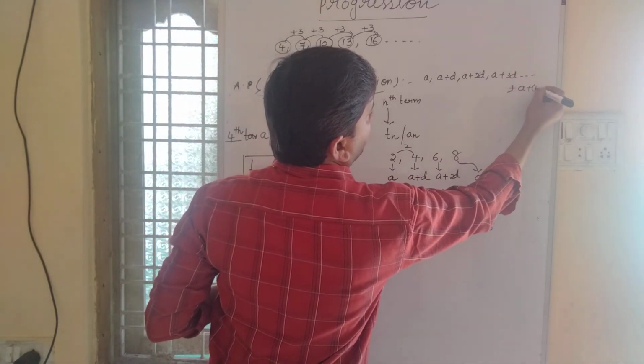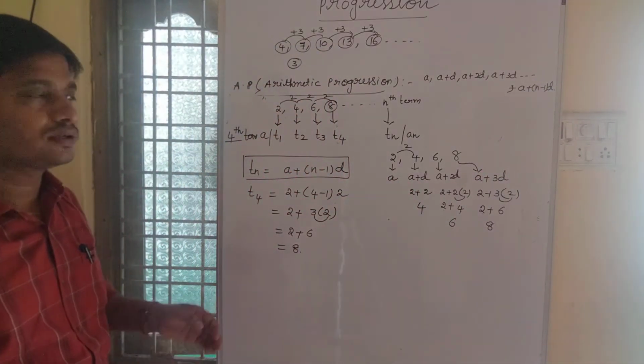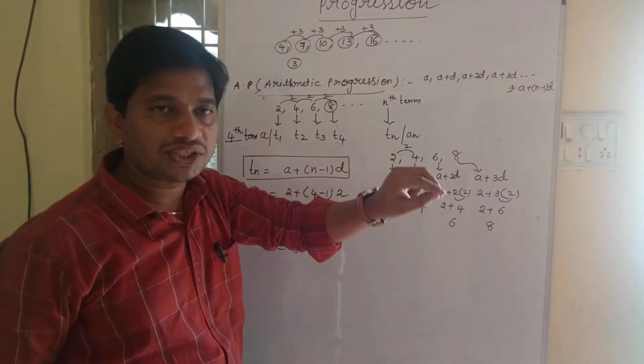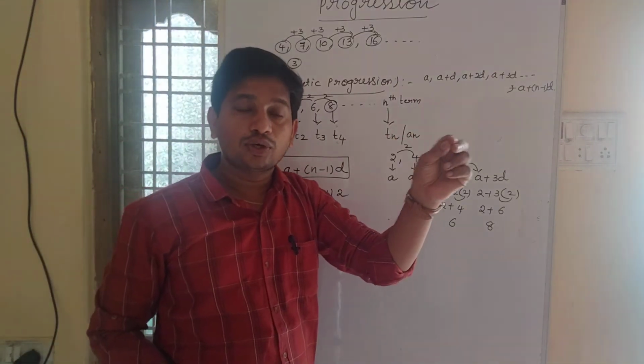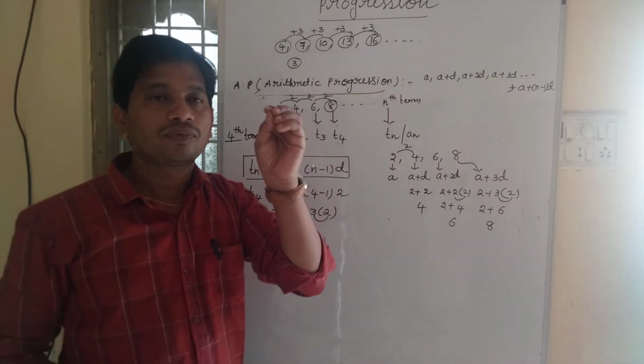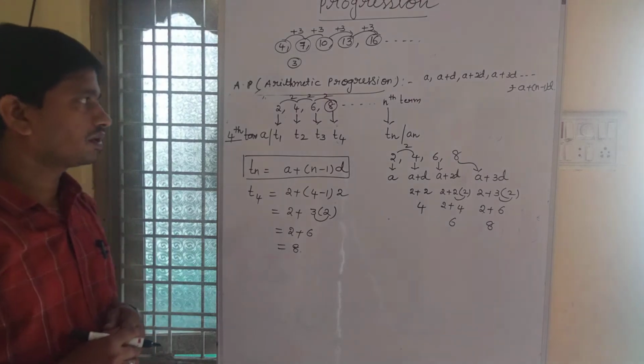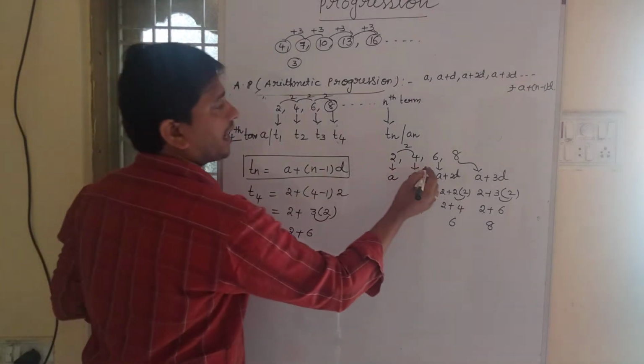A plus n minus 1 into D, that is the nth term of an AP. So this A, A plus D, A plus 2D and so on, up to A plus n minus 1 into D, is called the general form of an AP.